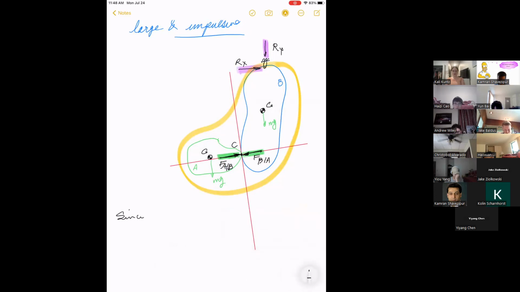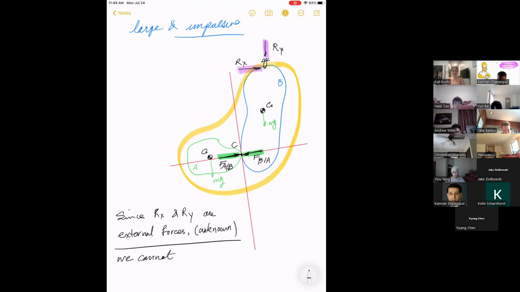Since Rx and Ry are external forces, of course unknown, we cannot use conservation of linear momentum.